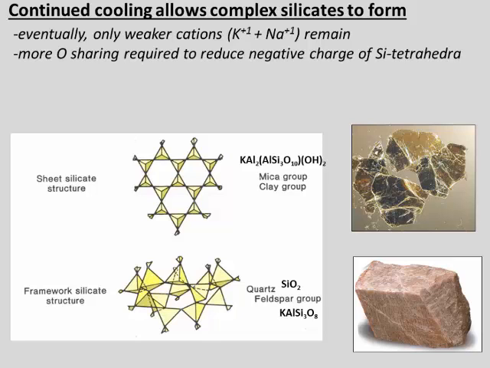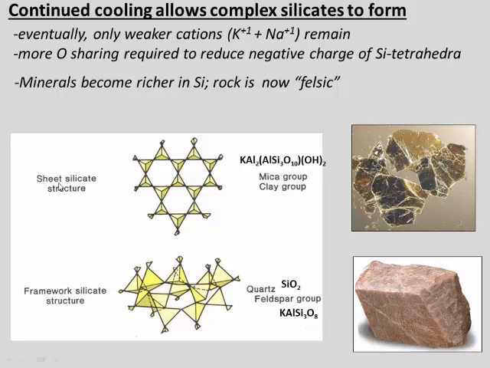Because we're using less oxygen per silica, the overall percent silica is going up. So these are felsic minerals. They're minerals that have more silica in them. And they also tend to have more potassium, sodium, and aluminum. And the reason they'd have that is because they're making these more complex structures.